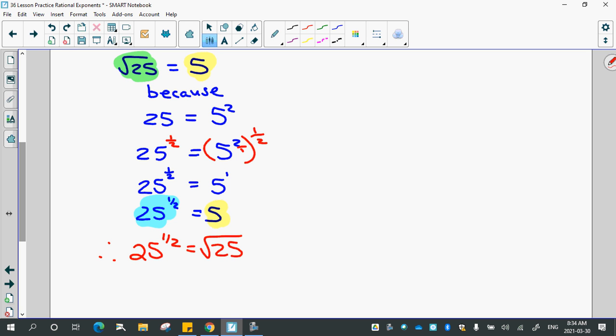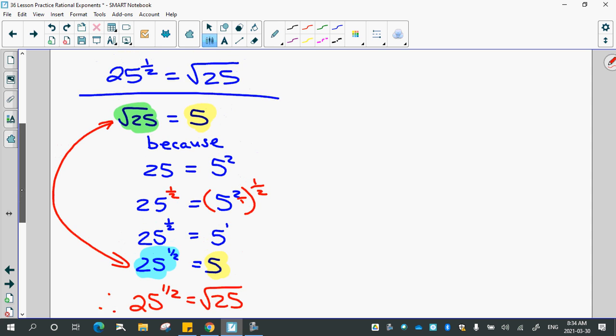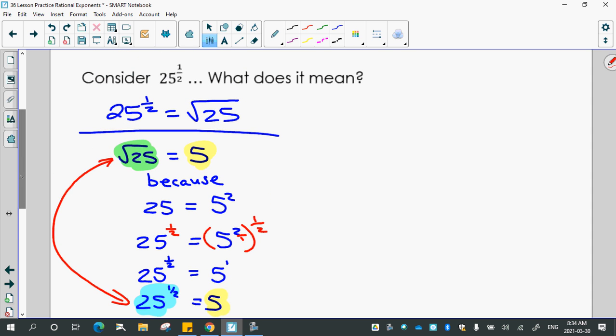They both equal 5 using the definition of what square root means, so these two also have to be the same. All right, we're going to do that again.